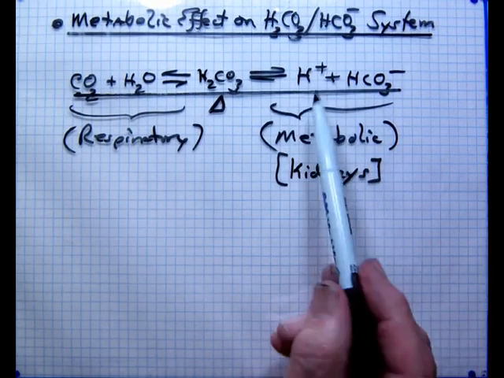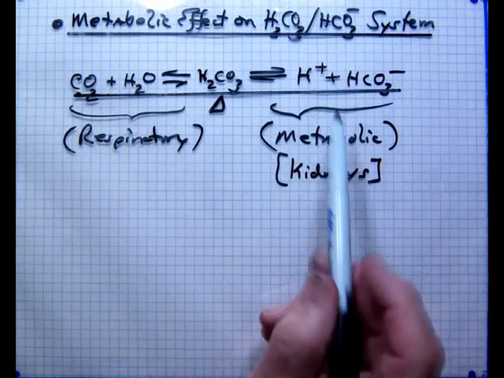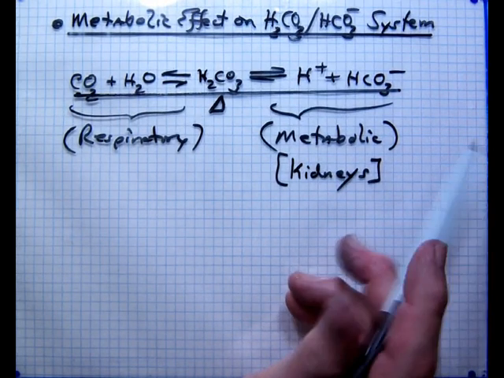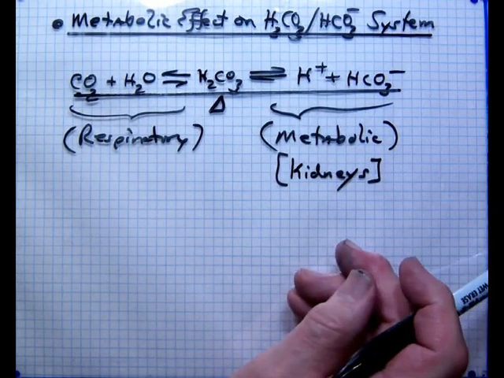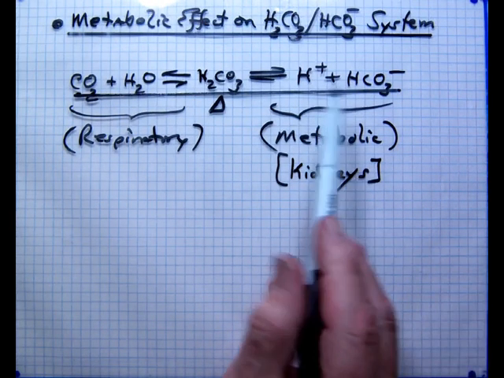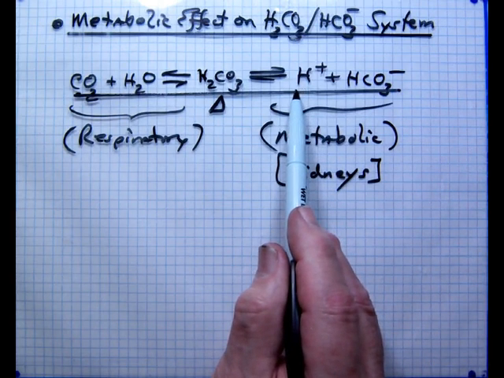And as a result, the kidneys would probably be shutting down, and you would have renal failure. And so we're not able to pass the excess acid in the system. So you start building up an excess of acid and you go into severe acidosis.